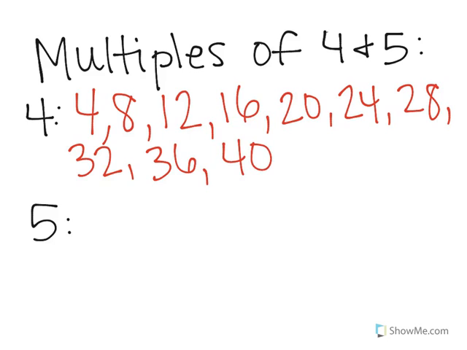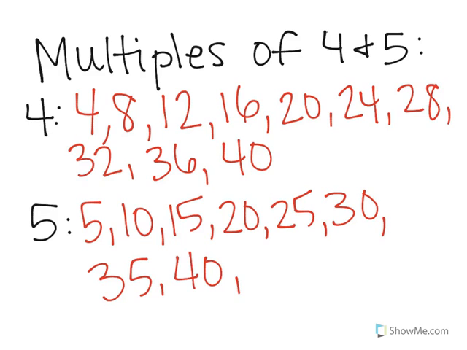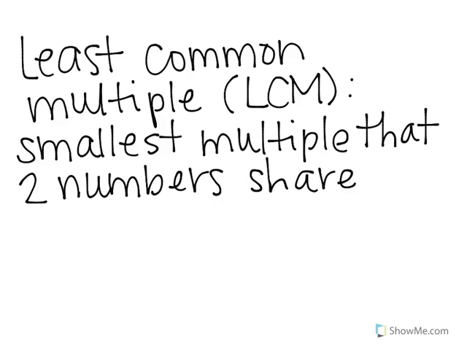So let's count 1, 2, 3, 4, 5, 6, 7, 8, 9, 10. Okay, so I have my first 10 multiples of 4. Now let's go with 5 and skip count by 5s. 5, 10, 15, 20, 25, 30, 35, 40, 45, 50. So there are my first 10 multiples of 5 and 4.